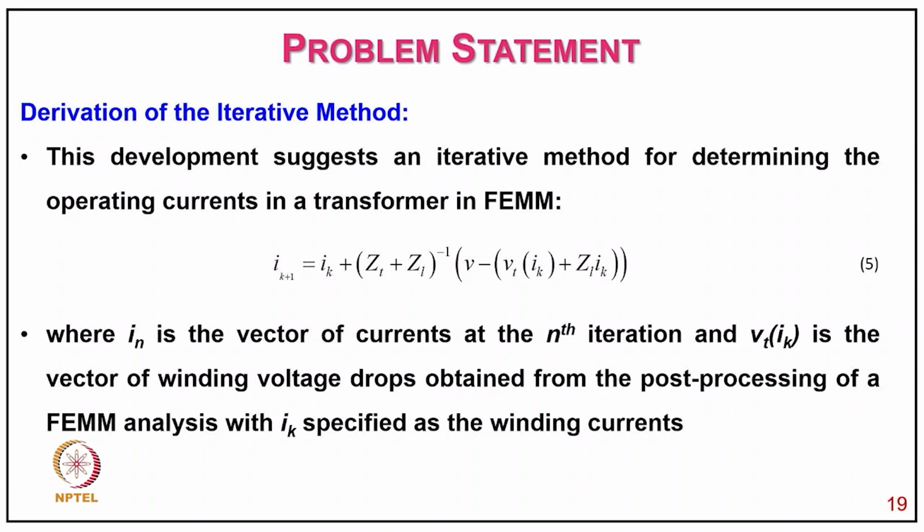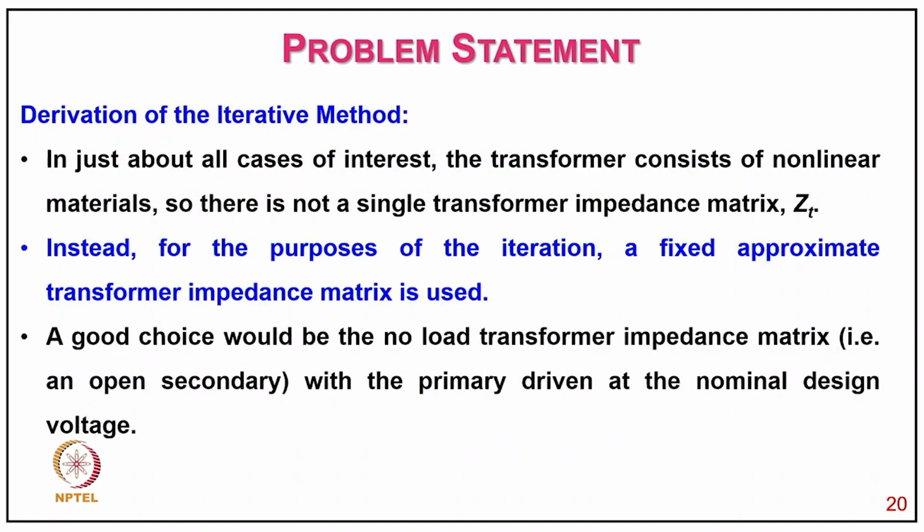Here Ik is the vector of current at the kth iteration and VT(Ik) is the vector of winding voltage drops obtained from the post processing of a FEMM analysis with Ik specified as the winding current. In just about all cases of interest, the transformer consists of nonlinear material, so there is not a single transformer impedance ZT.